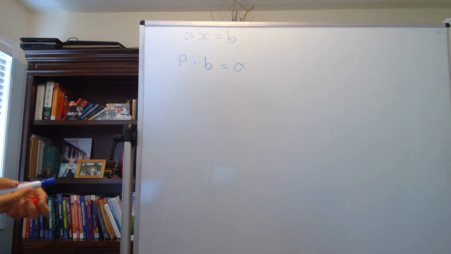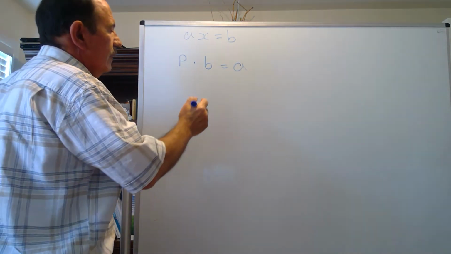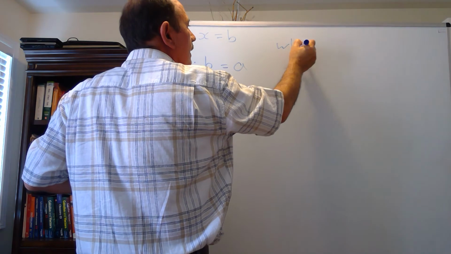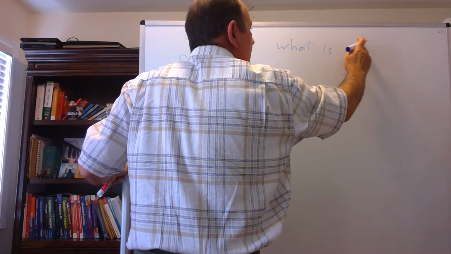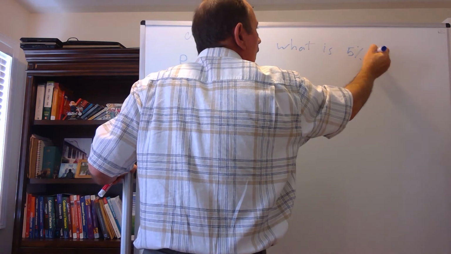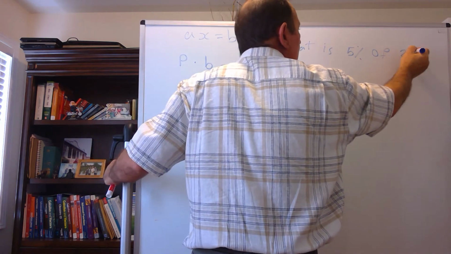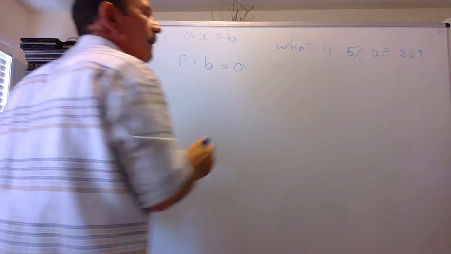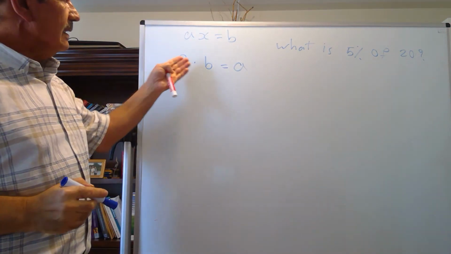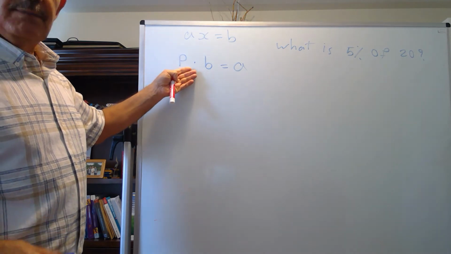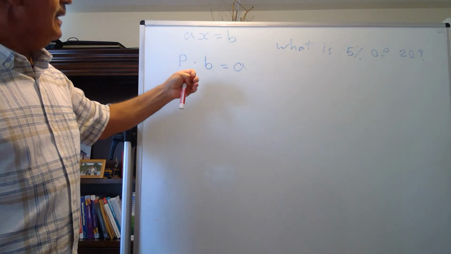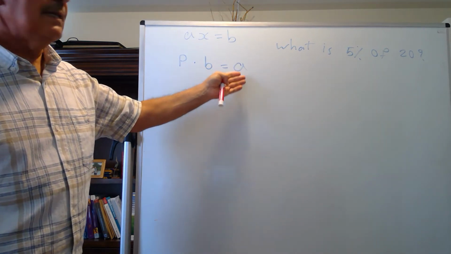Now, as an example, what is 5% of 20? Percent of base is amount. It means whatever is beside "of" is the base, and whatever is beside "is" is the amount.